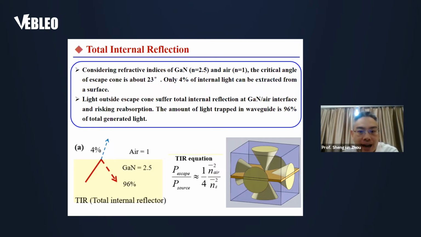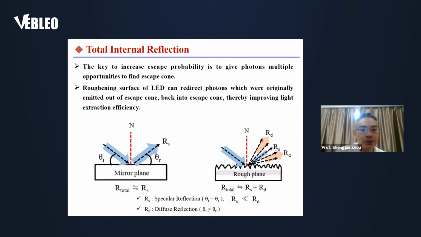The amount of light trapped in waveguide is 96% of total generated light. The key to increase escape probability is to give photon multiple opportunities to find escape cone.